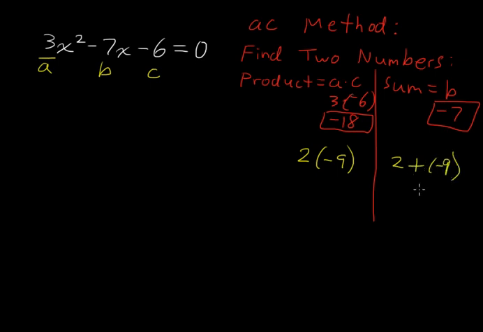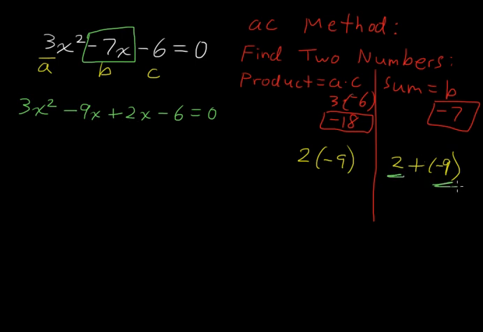So we're going to use those two numbers, and we rewrite this middle term, negative 7x, as the sum of two other terms, negative 9x and positive 2x. And that's why we had to find these two numbers that added up to have a sum of negative 7. So this negative 9x plus 2x is the same as the negative 7x.